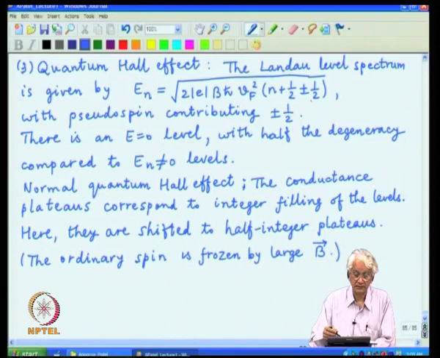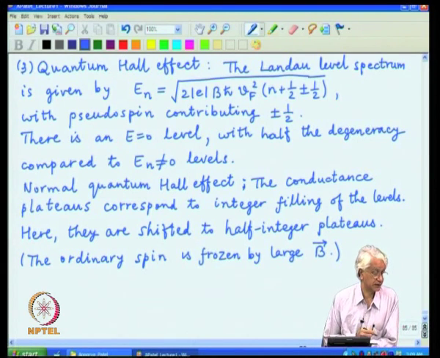And the difference which is arising here is coming from this pseudo spin contribution, which is shifting everything by value half. The regular spin does not play any role.